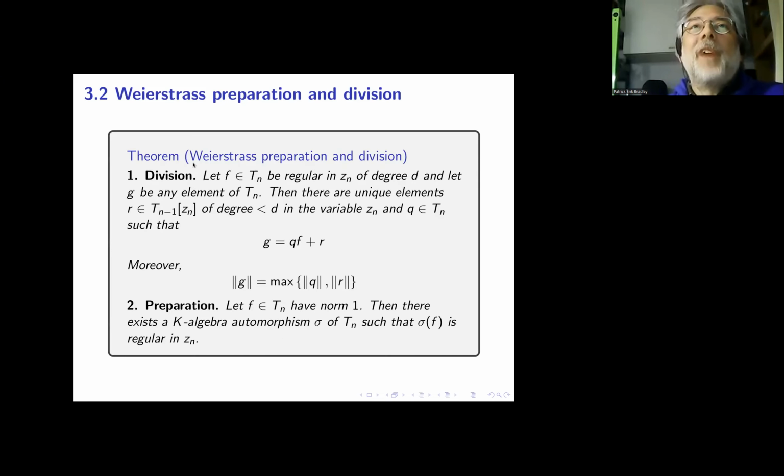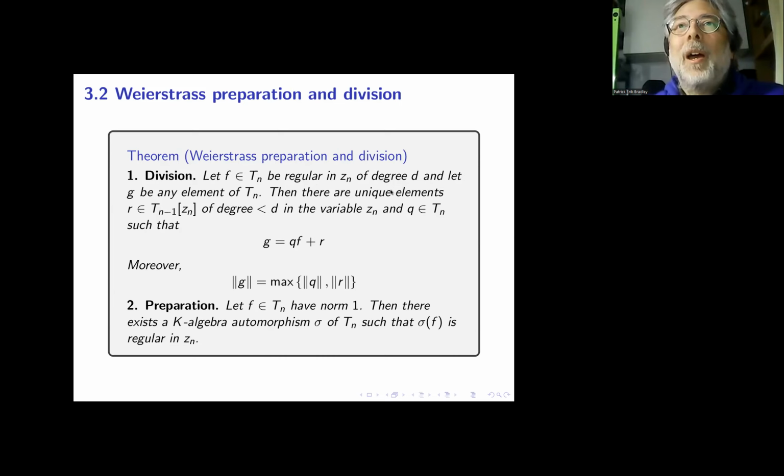And here's a theorem, Weierstrass preparation and division. So first, division. If you have such an element f in T_n which is regular in z_n of degree d, and you have any element g of T_n, then you can do division with remainder.